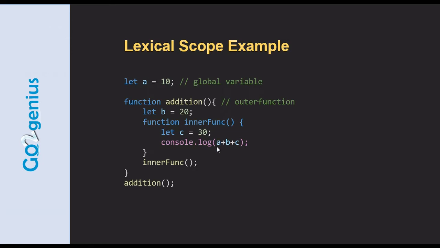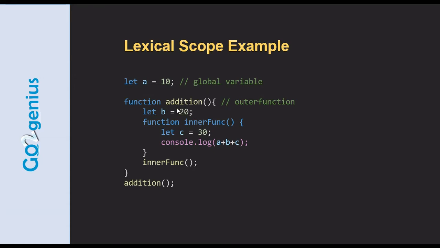So it will look for the a and b variables in its inner scope first. When it does not find them here, then it goes outside of this function to find the reference of these two variables. So on the outer level it will find the value of b.